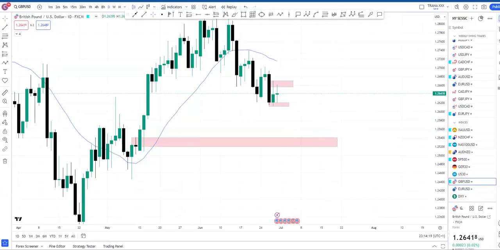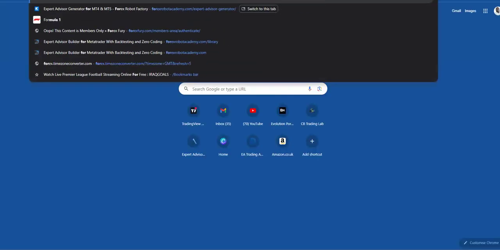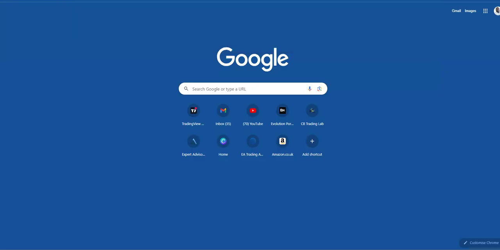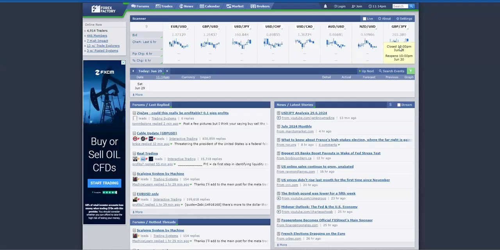Let me show you the Forex Factory for the week. For those of you that trade, you want to look at Forex Factory for fundamentals, just to keep you abreast of what the market is going to be doing for the coming week. So let's look at the calendar as usual.